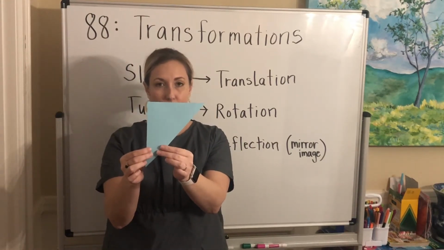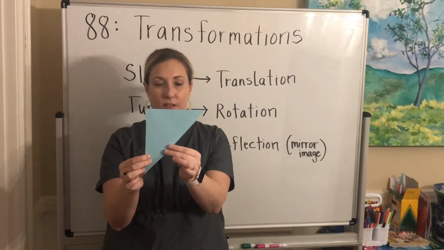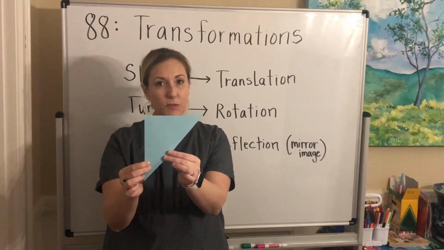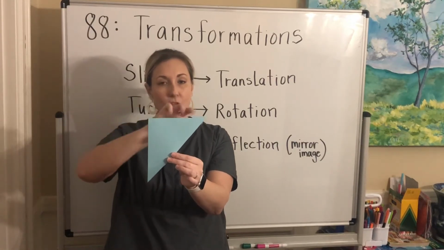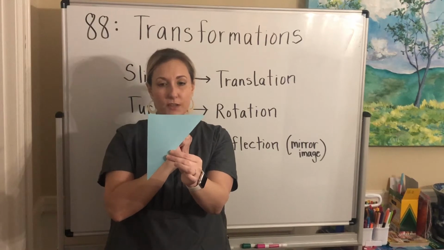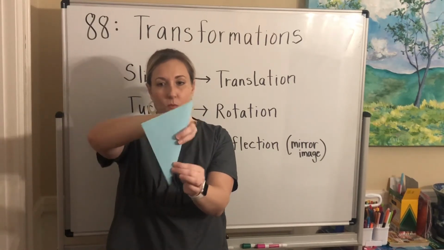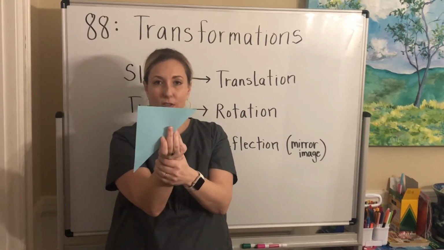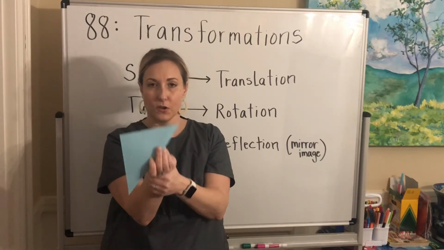Now it has been rotated 270 degrees. A full circle is 90 times 4, which is 360. So I'm going to rotate this triangle a full 360-degree circle. 1, 2, 3, 4. It's right back where it started, because it's a full circle.